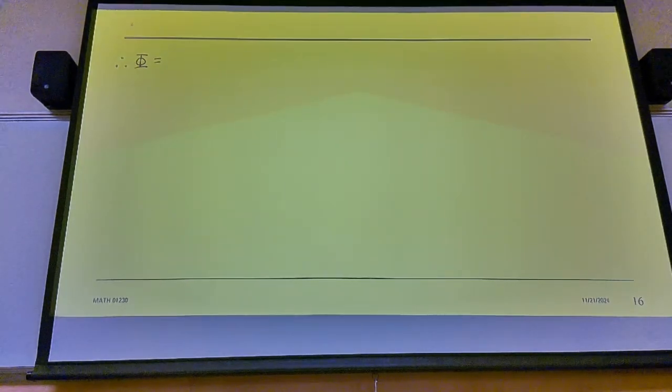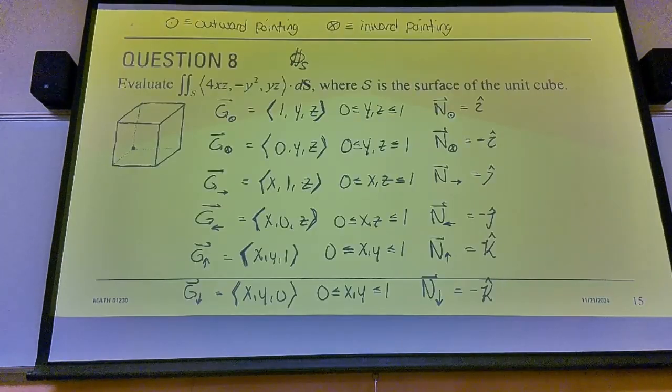Here is where we're going to use a little intuition. What happens when you multiply a vector by i hat, or dot product it? The rest goes away. It's just the first component. Evaluate 4xz along the first parameterization. It'd be 4z, right? Because x is 1.